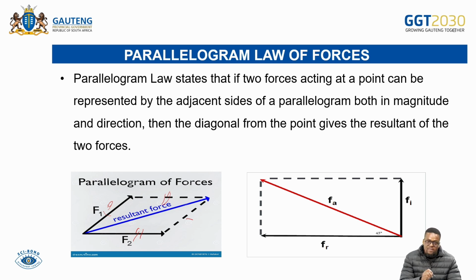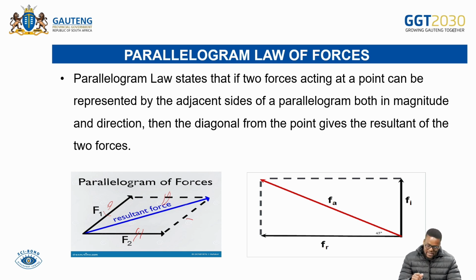And then what do you do after? You complete the parallelogram, and then you draw the diagonal line starting from the origin where you started drawing your first vector, from the tail of these vectors up until where you constructed your parallelogram. Then that would give you the resultant force.